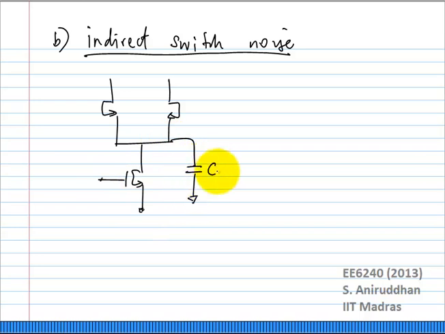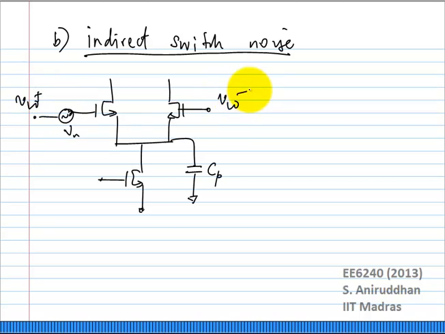So let us say the common source node has some capacitance Cp. Okay, and we have pulled out the noise as some Vn, the input referred noise. So this is VLO plus, this is VLO minus.